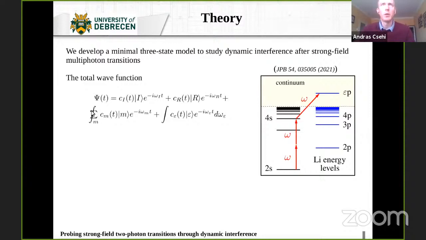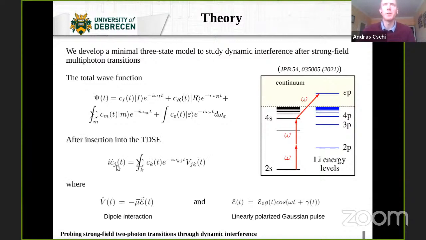Of course, we plug this wave function form into the Schrödinger equation, and we end up with this coupled set of first-order differential equations for the population amplitudes. Here on the right side, V is nothing but the interaction matrix element in the dipole approximation.